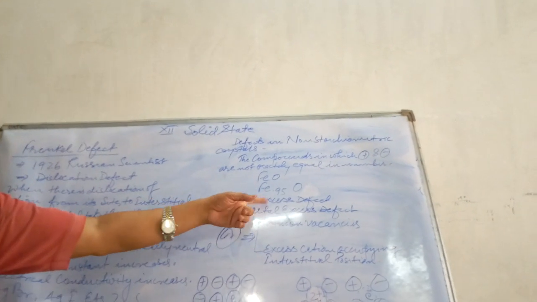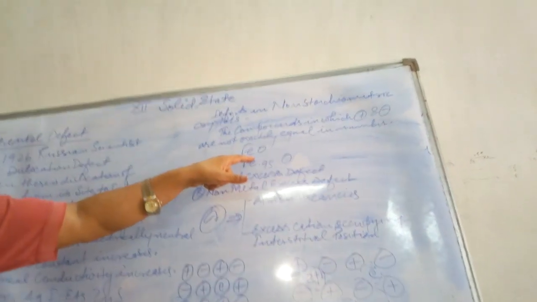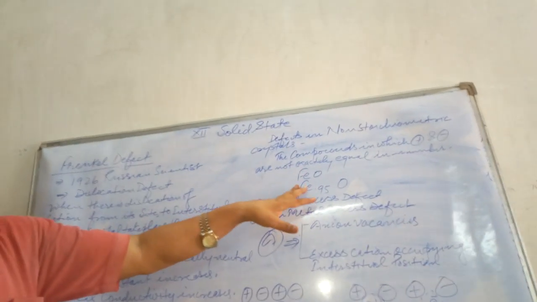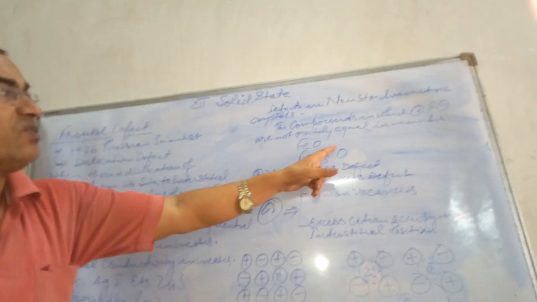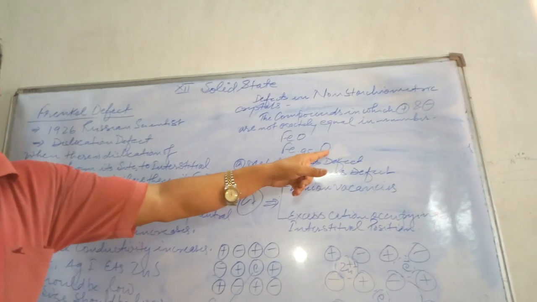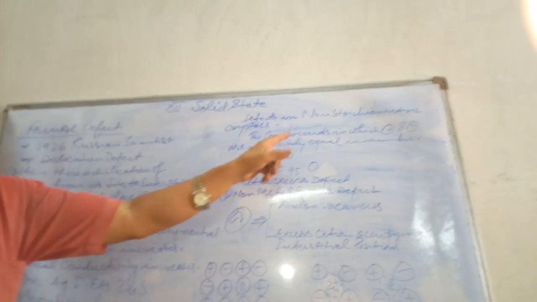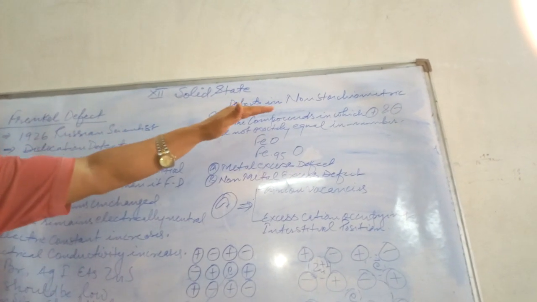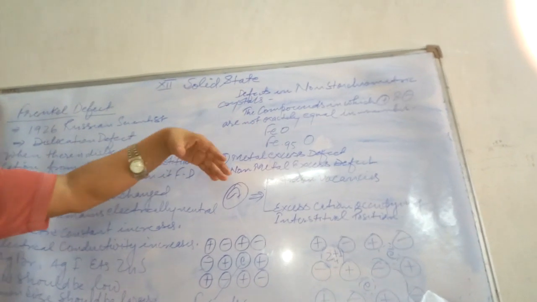No, it means 95 iron atoms in different oxidation states, maybe ferrous or ferric, associated with oxide 100. So this is non-stoichiometric. We will discuss the details of defects in non-stoichiometric crystals in the next lecture tomorrow.